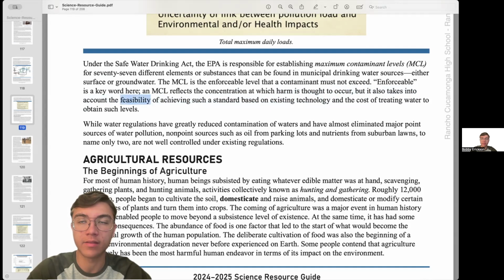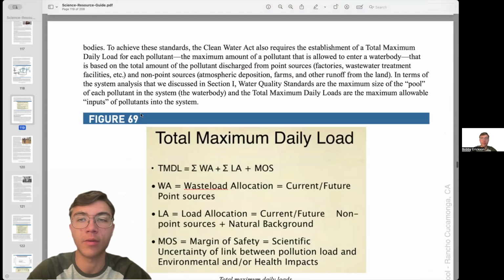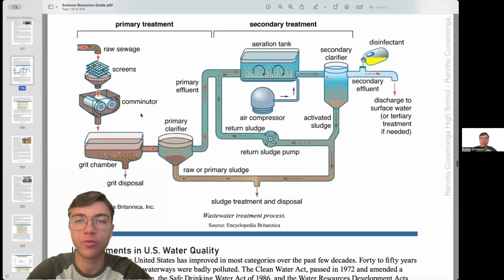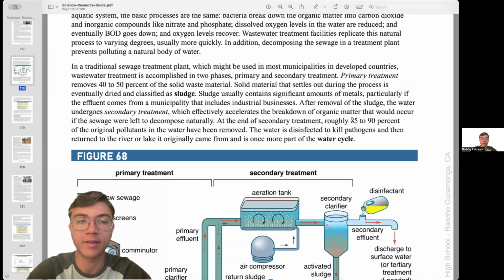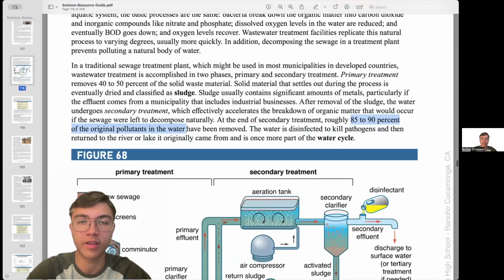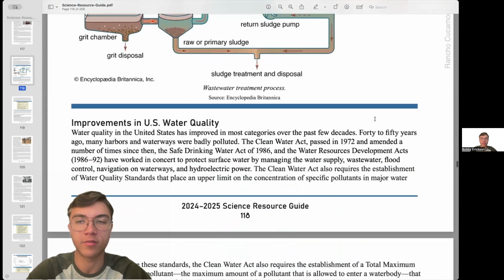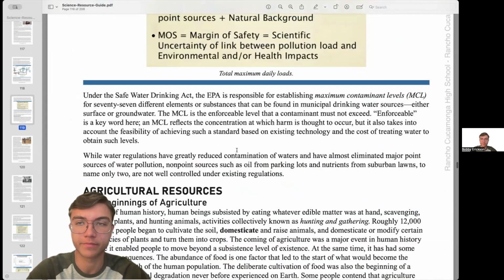Feasibility is the enforceability of achieving a standard based on the existing technology to treat the water to attain such a level. So notice it was 85 to 90% effective in removing the original pollutants after secondary treatment. Notice that's 85 to 90%, not 100%. And that's because we have limited technology.